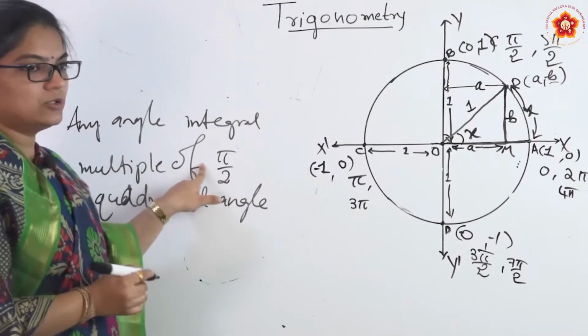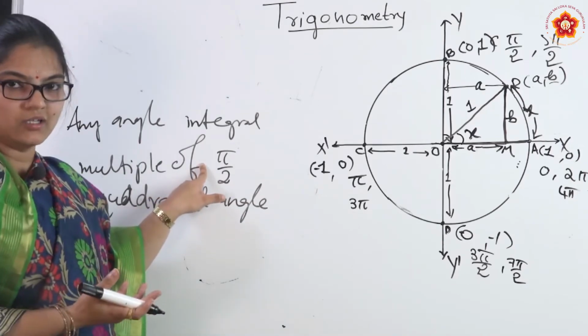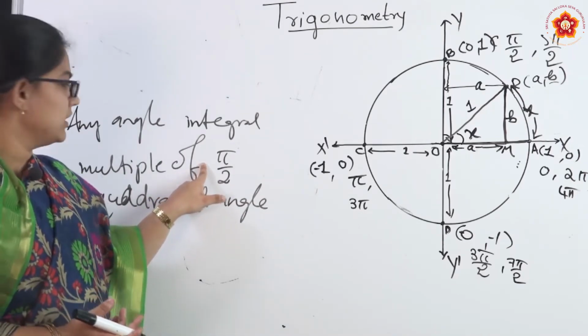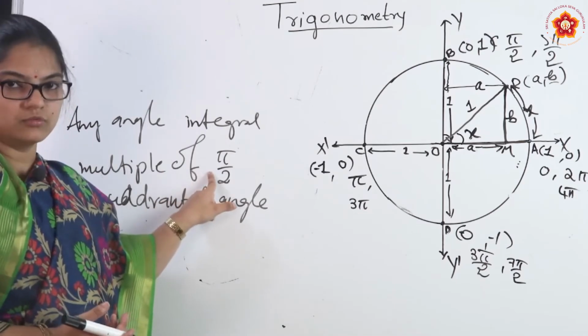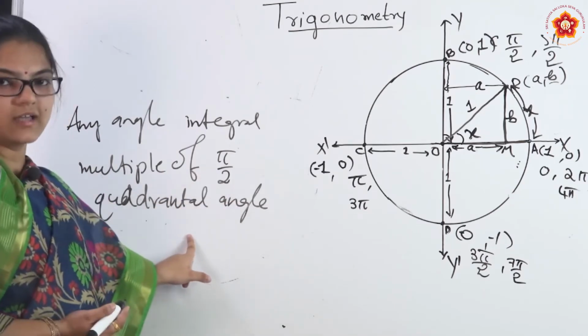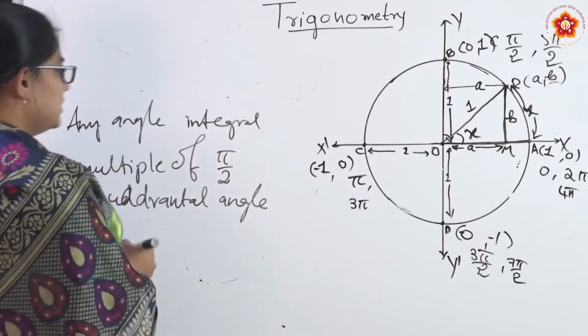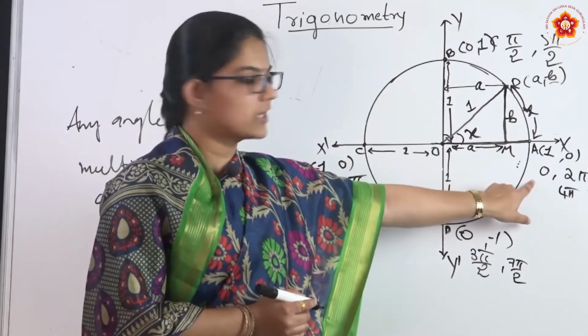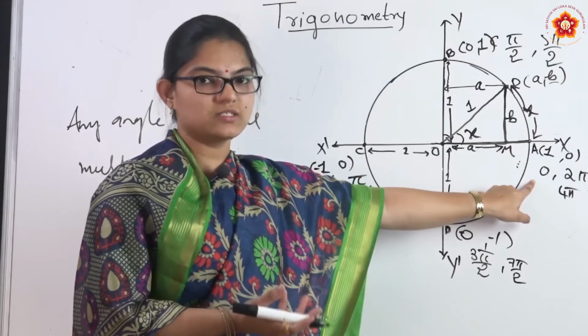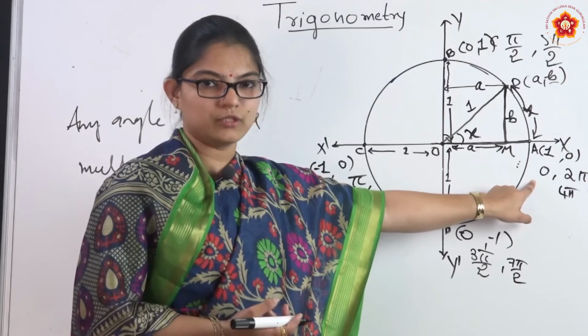If you are able to express an angle as an integer multiple of pi by 2, then we call such an angle a quadrantal angle, okay. So here we can say 0 is a quadrantal angle. Why? Because you can express 0 as 0 into pi by 2, correct.